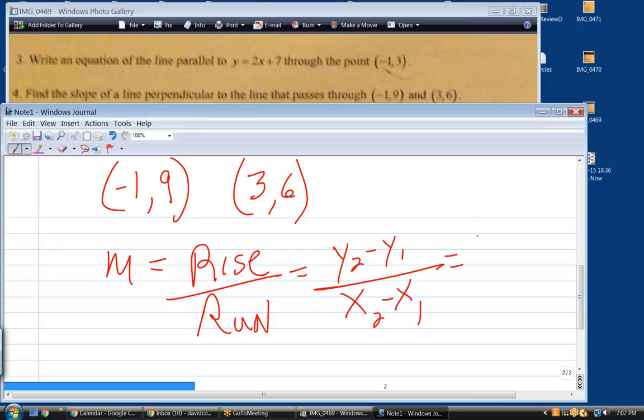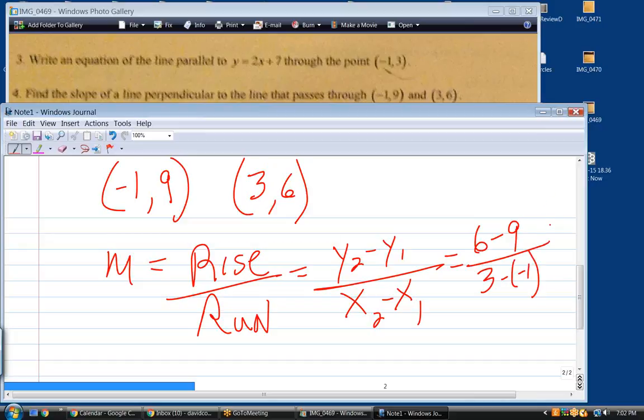What's y sub 2? Y sub 2 is 6 minus 9. What's x sub 2? 3. What's the bottom look like? 3 minus a negative 1.